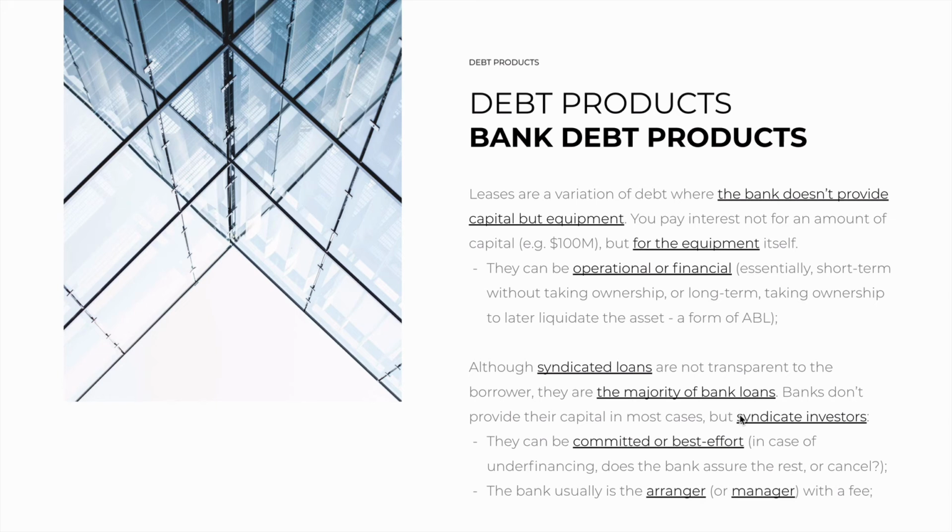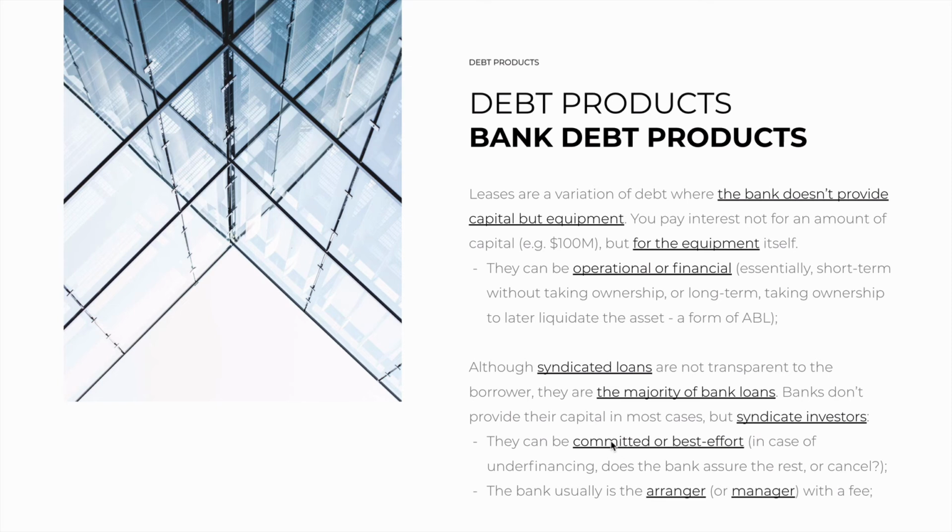They syndicate the investors. It's important to know that syndicated loans can be committed or best effort. The difference becomes clear when enough money for a loan has not been gathered, which is called underfinancing. For example, as a company, you ask for 100 million and only 80 million has been syndicated.